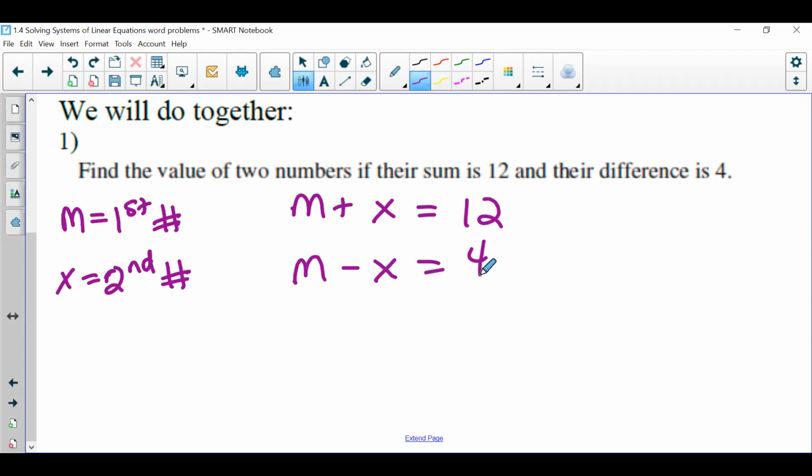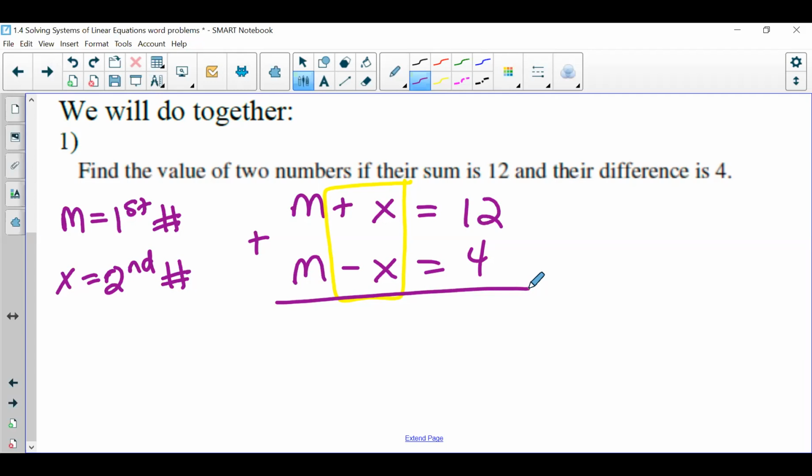Now we have to make a choice. Substitution or elimination? Elimination. Okay, I would agree. You could do substitution, however, one of our variables already has the same coefficient and opposite signs. That's X. So you could just take away X and add the equations.